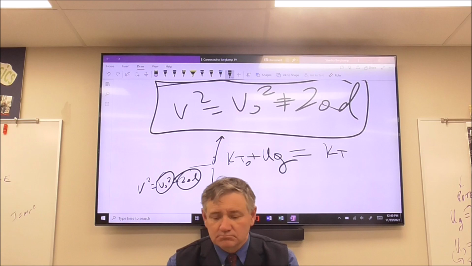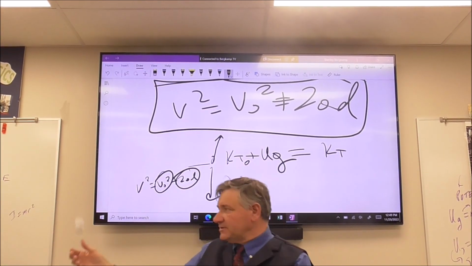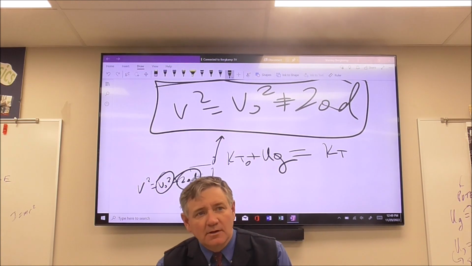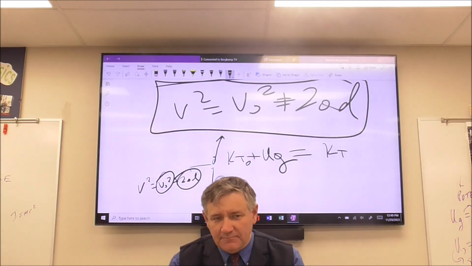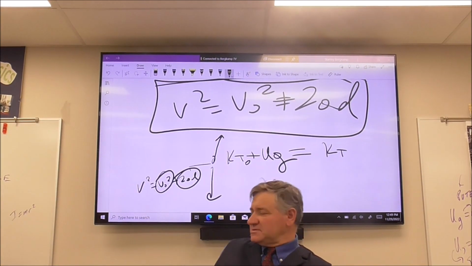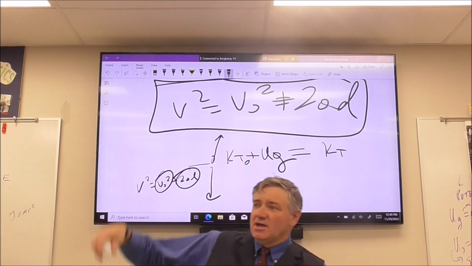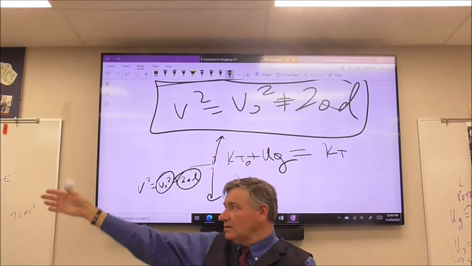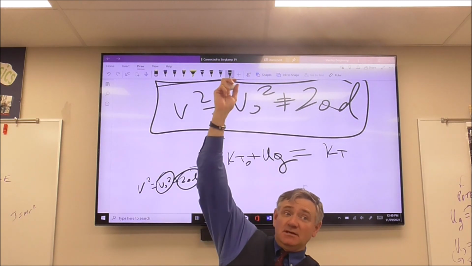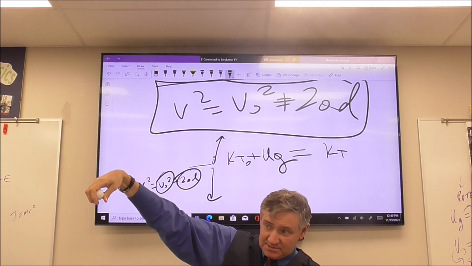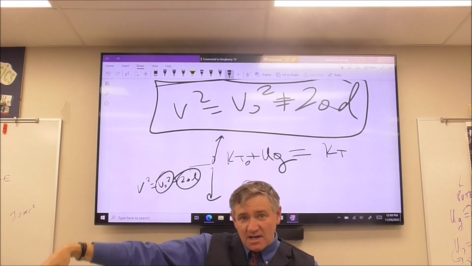Now, what if I throw the ball down? I throw the ball up with a certain velocity, and it's going to land with a certain velocity. If I throw the ball down, as opposed to throwing it up, so if I could throw it up at 10 meters per second or throw it down at 10 meters per second, will that impact the velocity when it lands?